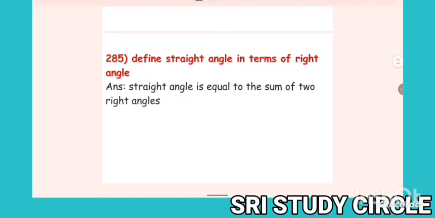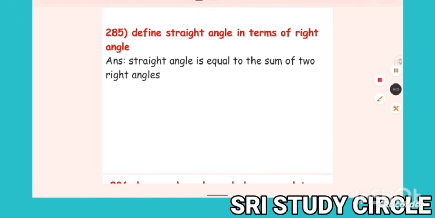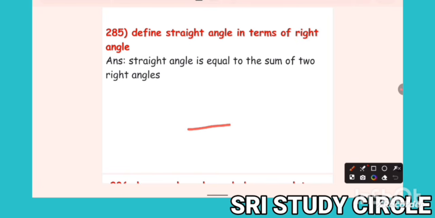Now next question. Define straight angle in terms of right angle. A straight angle is equal to the sum of two right angles. Suppose this is one fixed ray. The terminal ray is perpendicular to the initial ray, 90 degrees.